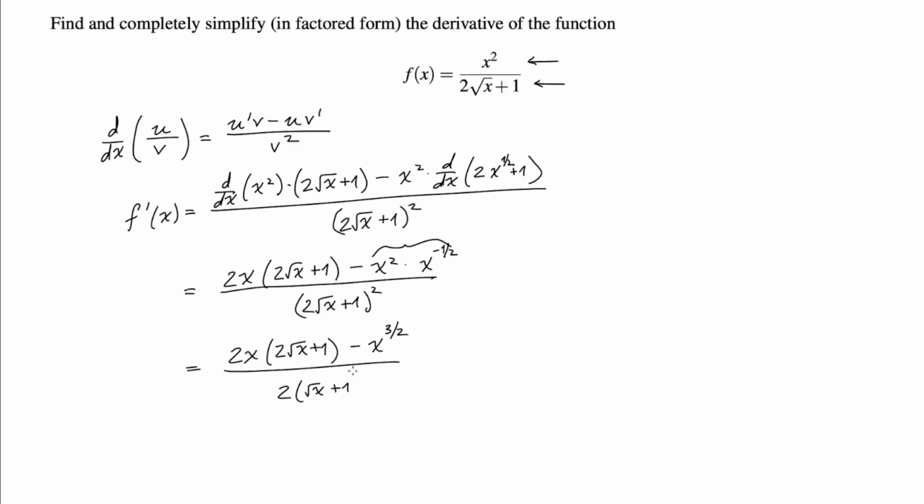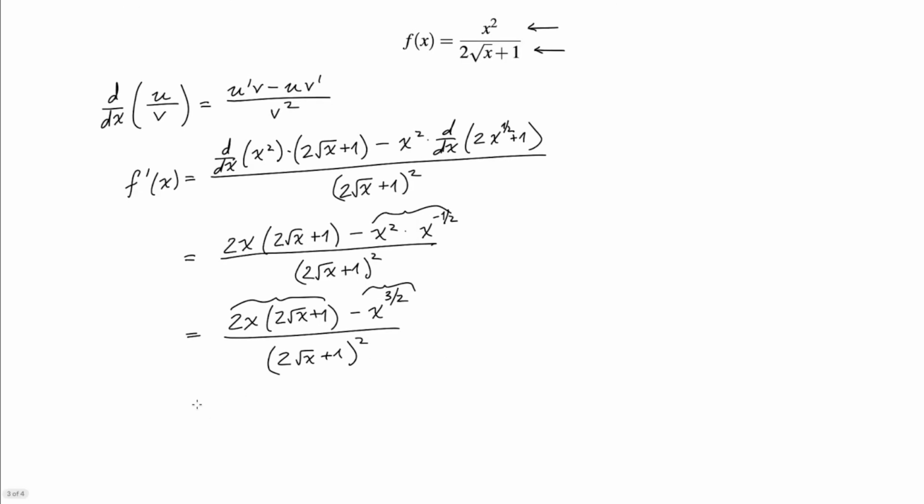Now, that's not quite right. So root x plus 1 squared. Now in the numerator, we see that we've got a factor of x in this term on the left, and of course we've got x's in this last term. And so we can factor out an x.